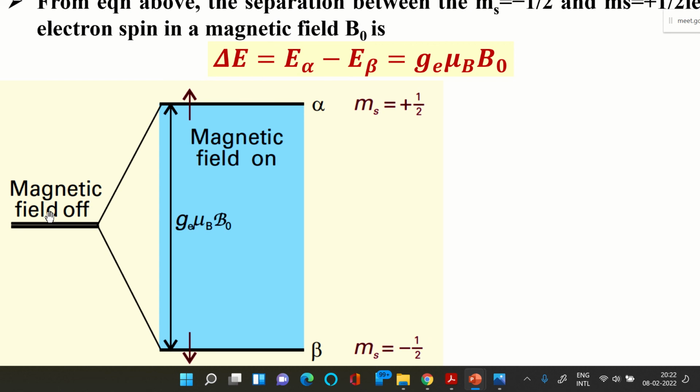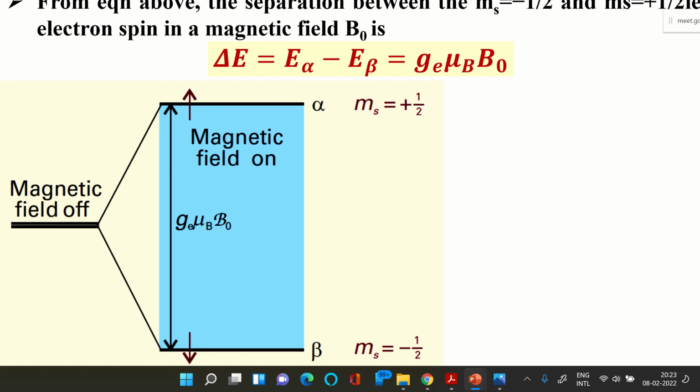See, when the magnetic field is off, the two states, plus half or minus half, have no difference in energy. When you apply the magnetic field, then the minus half, the spin pointing downwards, will be lower in energy, because the magnetic moment will be aligned with the applied field, so it has lower energy.